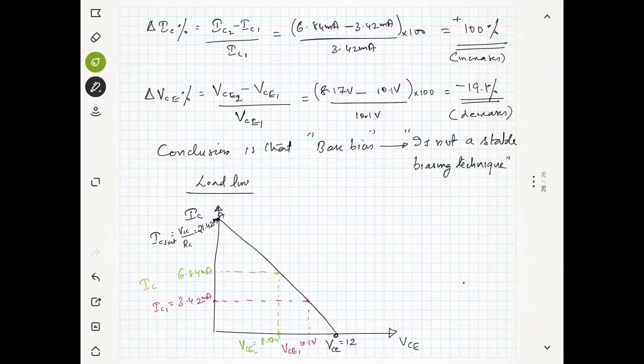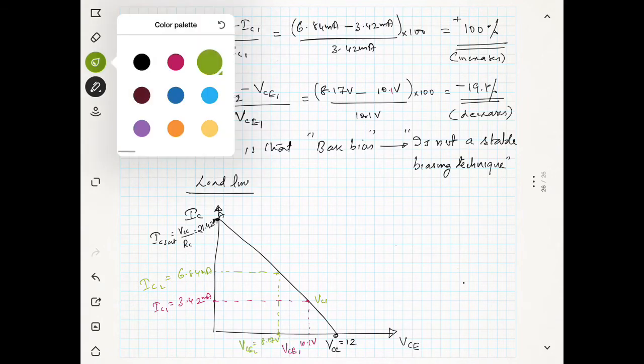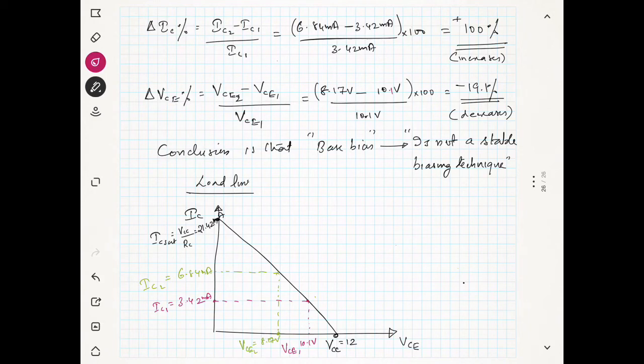This is IC2. So this is VCE1 and IC1. This is our Q point for which beta equal to 100.